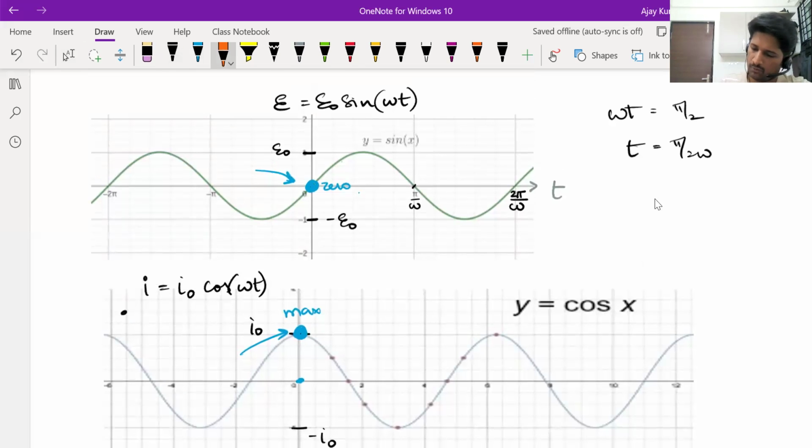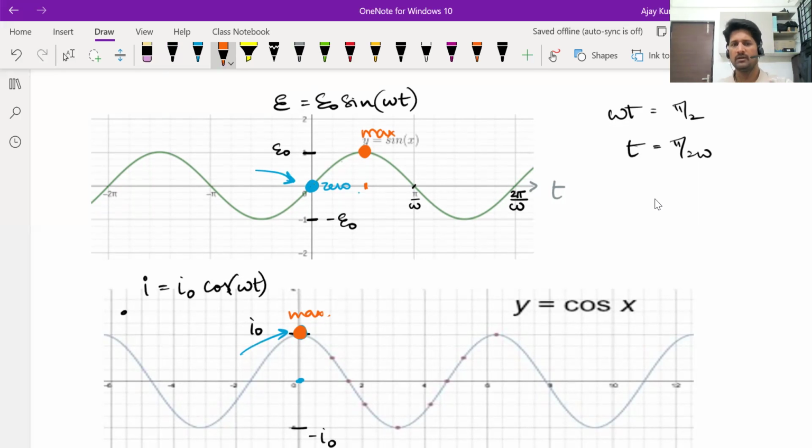At that time, you see what is the EMF. It is at its positive extreme, right? It is at its maximum value. Whatever is going to happen to EMF at an angle pi by 2 later, that is happening with the current now itself. At t equal to 0 itself, it is happening. That is why we say current leads the EMF by a phase difference of pi by 2.